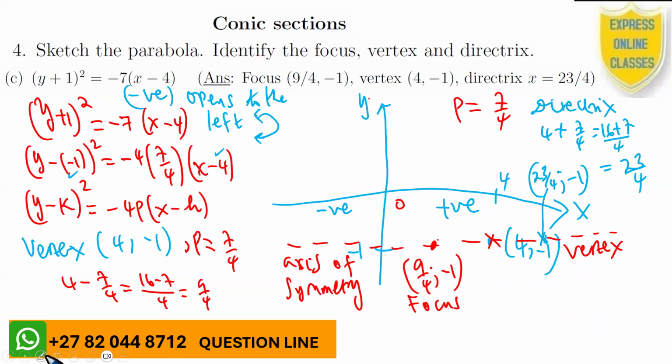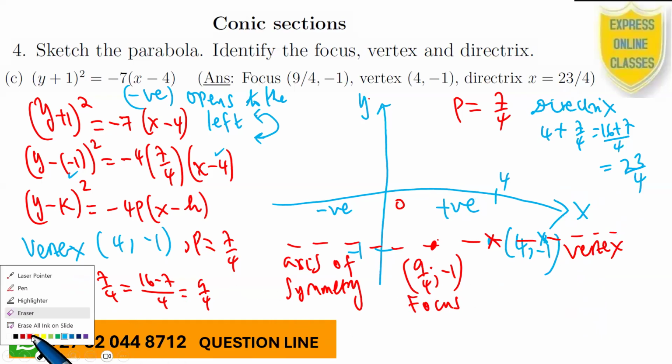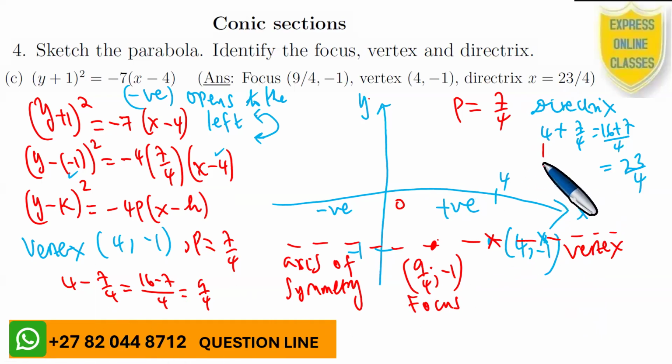Okay, but remember, the directrix must be given as the vertical line for this kind of graph. So x is going to be 23 out of 4 for the directrix.